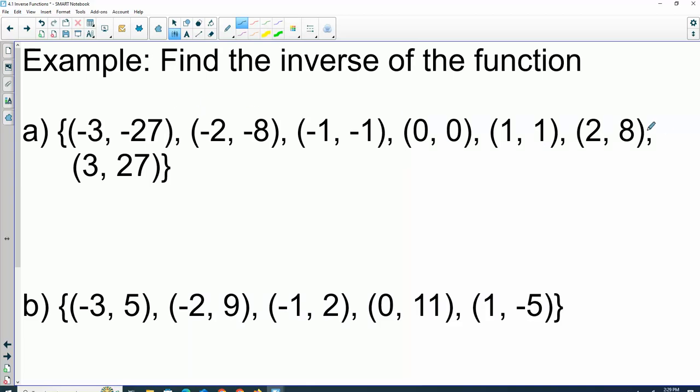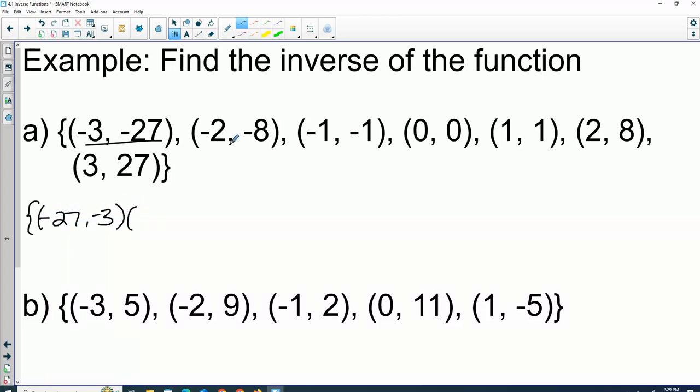If I said this was my function, this set of ordered pairs, can you tell me what the inverse would be? What points would be in the inverse? You don't want to change the sign, you just literally flip them. So the first ordered pair was -3, -27. So if I flip them, it's -27, -3.